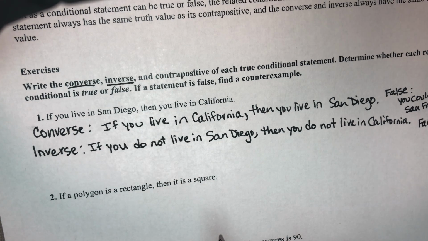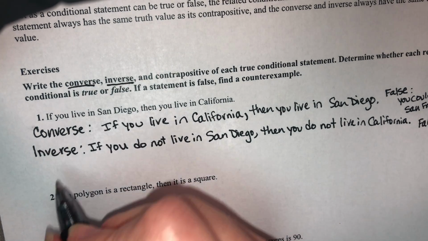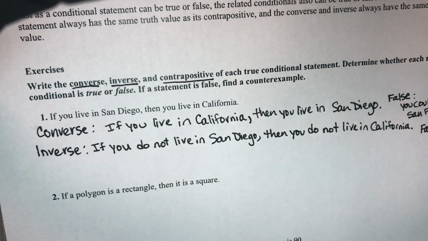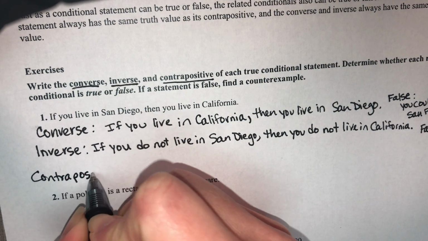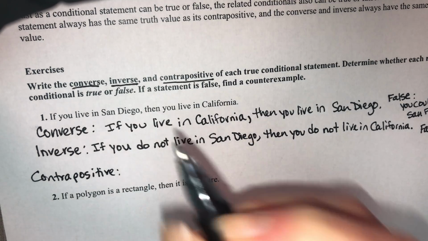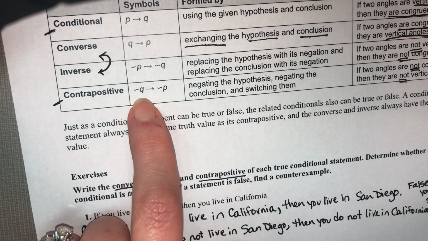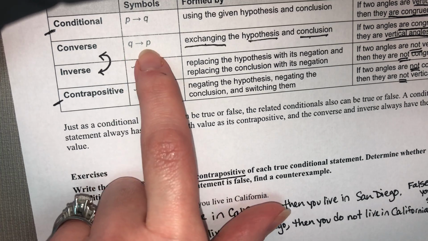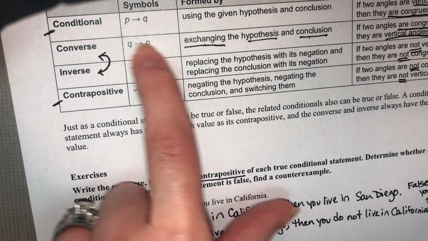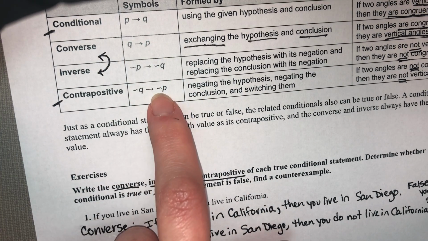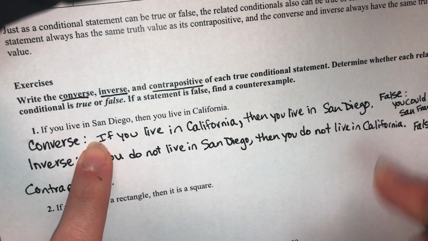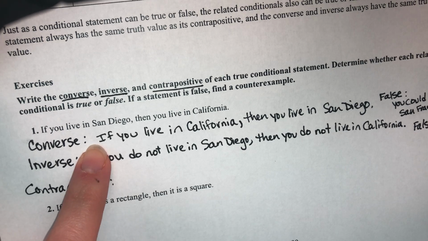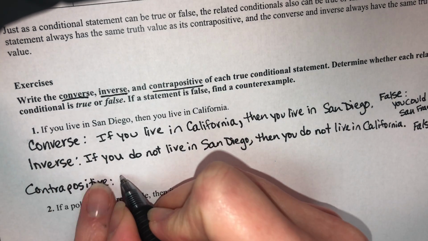Okay, we have one more statement to write for this one, which is the contrapositive. Contrapositive statement is where we're going to basically start with the order that we had the converse, but put the word not in it twice. So we're starting with this converse statement. If you live in California, then you live in San Diego, but we're going to put nots in it.